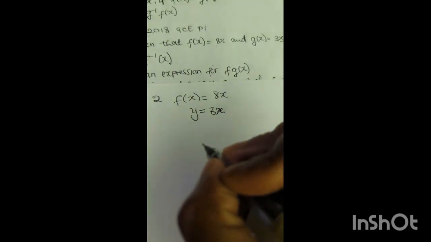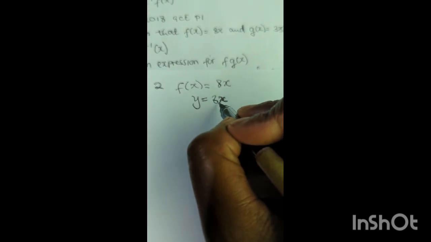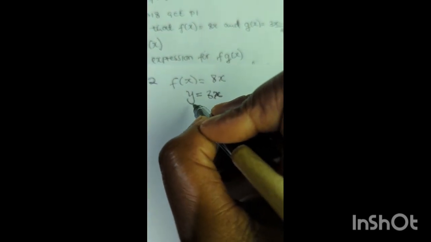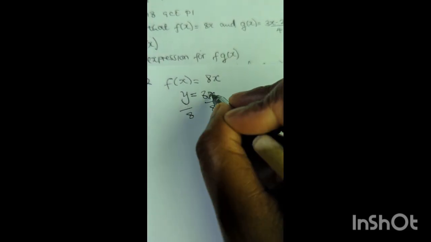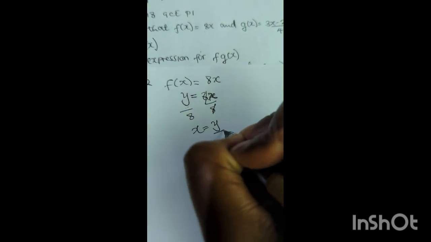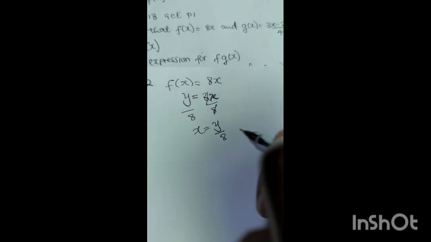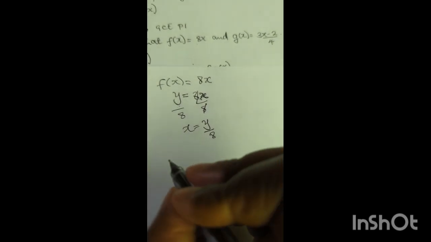Just grade 8 work. So here, for us to make x the subject, it simply means it should be like y. y is not attached to any number. So to leave x alone, we do what? We divide by 8 on both sides of the equation. So you cancel there. x is equal to, excuse me, y over 8. The last step now is to, where there is x, you're going to put the inverse.